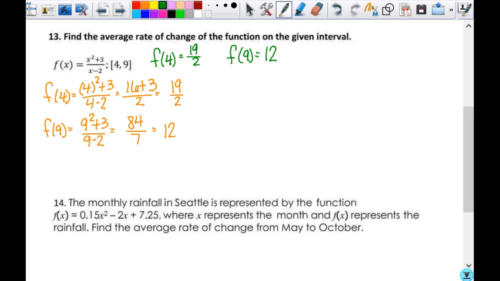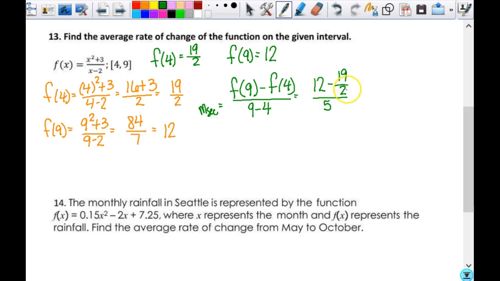So now that I have those pieces, now I have to find this. The slope of my secant line is f of 9 minus f of 4 over 9 minus 4. So f of 9 is 12 minus 19 over 2, over 5. Probably easiest to get a common denominator here.